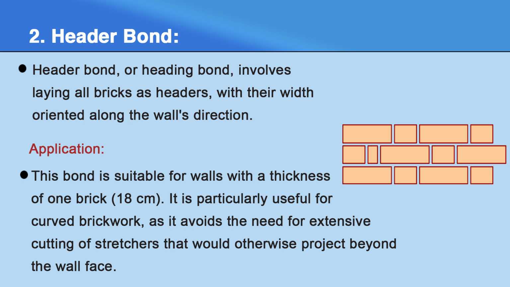So, 1 brick thick, the thickness approximately is 180 mm, or in inches it is around 7 inches. This is often employed in specific types of construction, where the structural and aesthetic demands both align with its characteristics, including number 1, the curved brickwork.